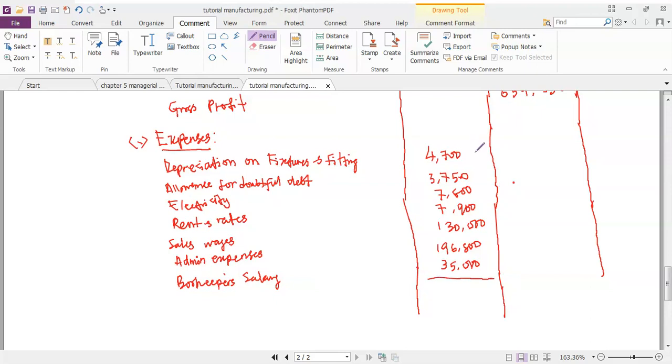Okay, terus please add on all this and then you can put inside the column there. 4,700 plus 3,750, 7,600 plus 7,900 plus 120,000 plus 169,800.